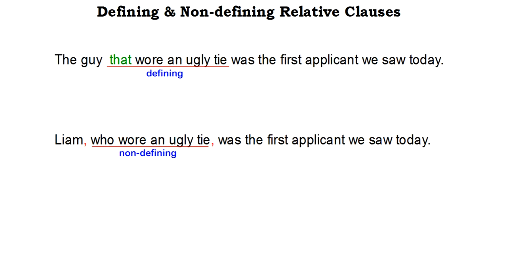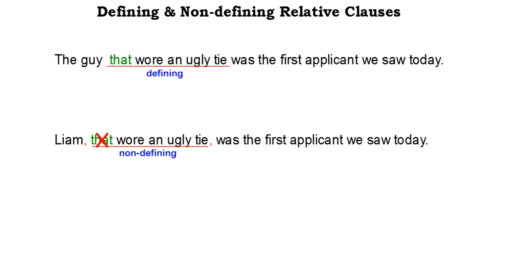One other thing we should note, if you look at the first one again, the guy that wore an ugly tie, remember we can always use that to replace the who or which. Well, not in a non-defining clause. You cannot say that here. When it's non-defining, we need to use who or which. Only in defining relative clauses can you use that.